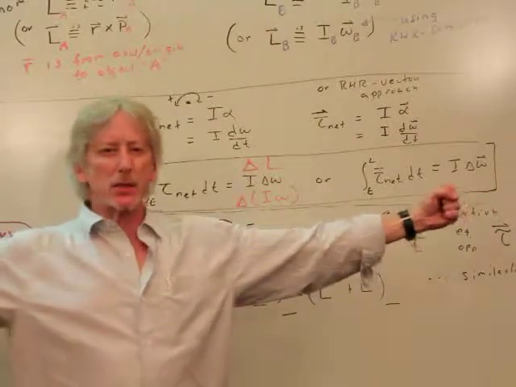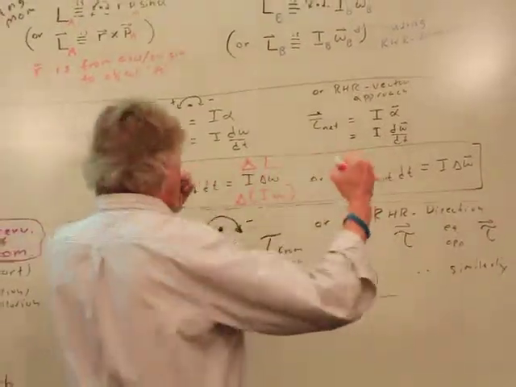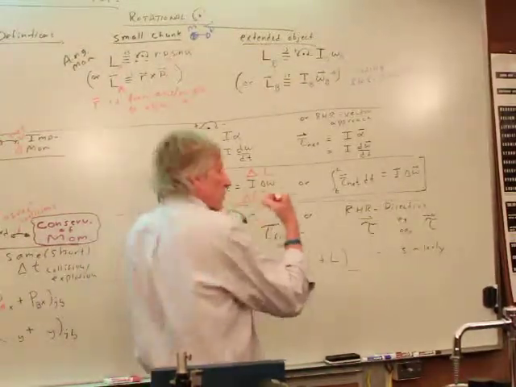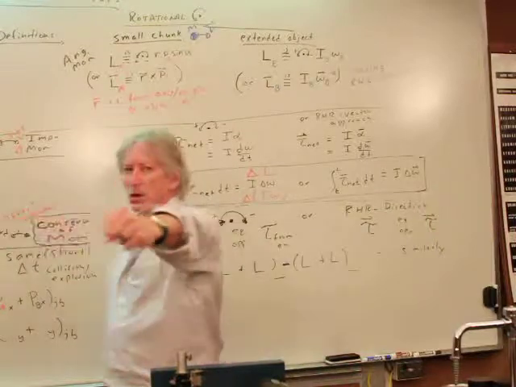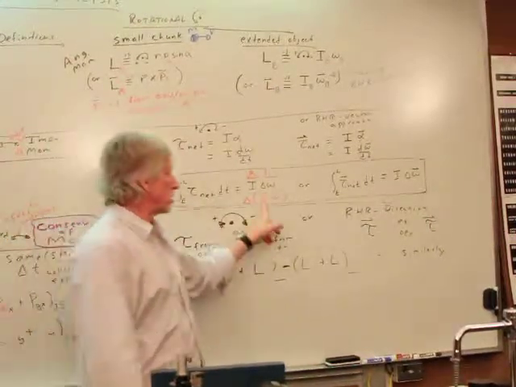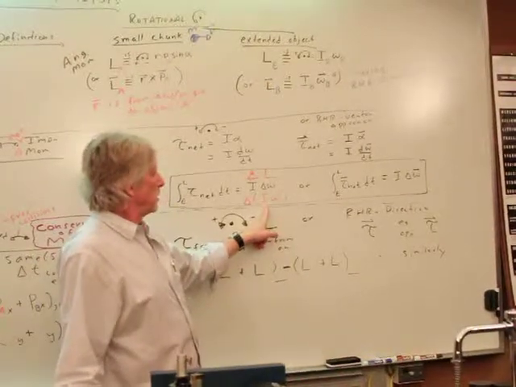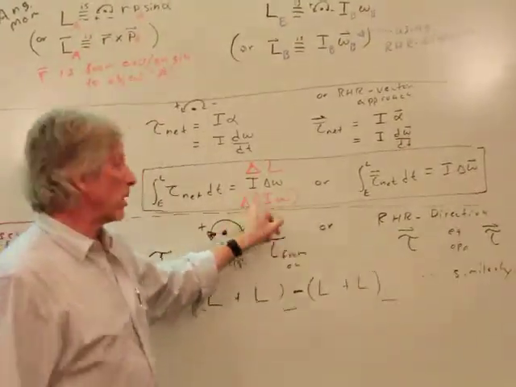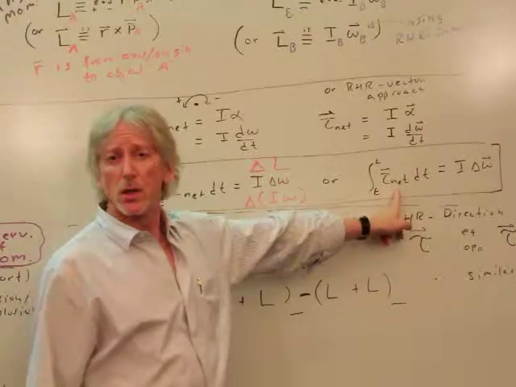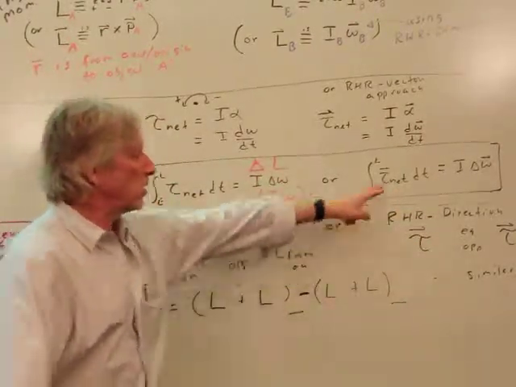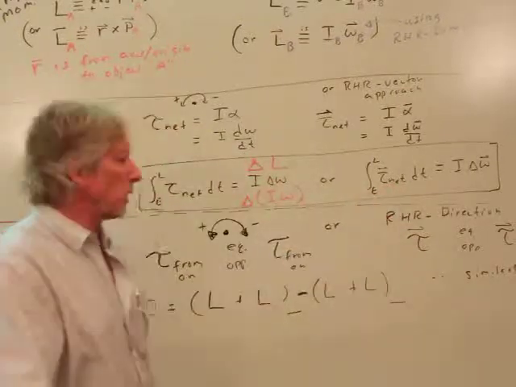Because while my mass isn't changing, my rotational inertia is getting less when I pull in, or getting more as I go out. So changing rotational inertia is a very important part of our analysis. Again, clockwise, counterclockwise, or right-hand rule direction, same form, not a big deal. Don't use that unless you have to, but you do for some gyroscopes.